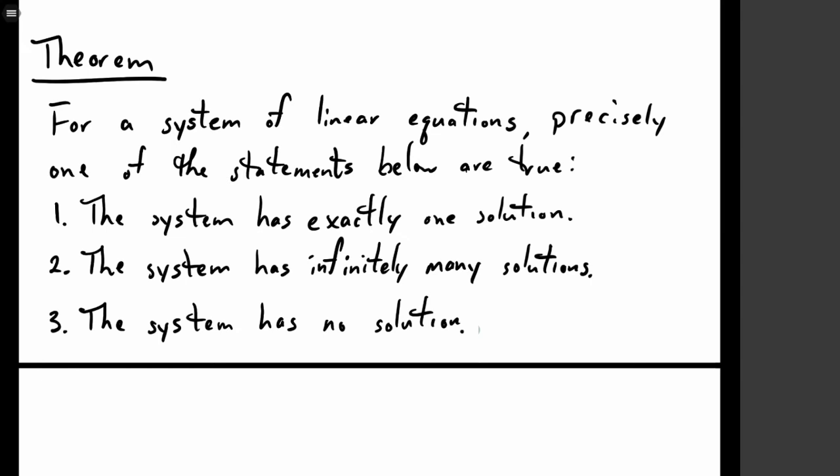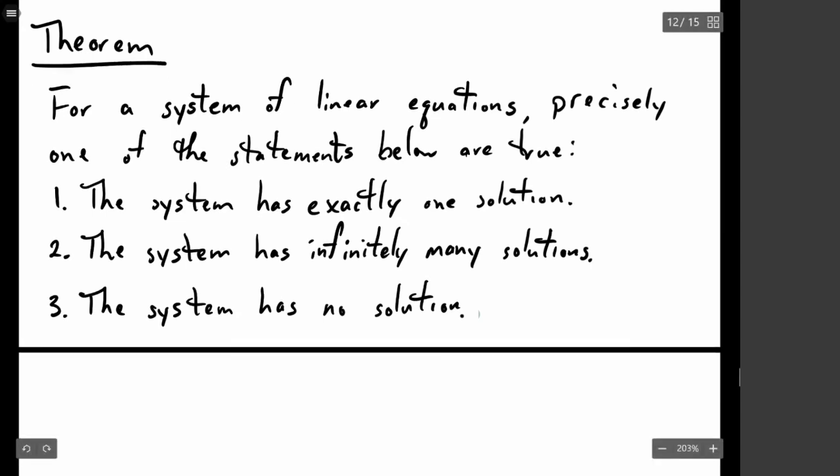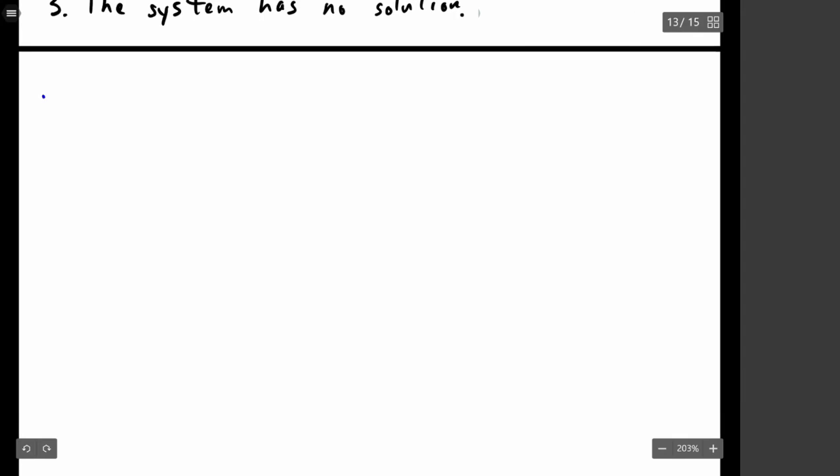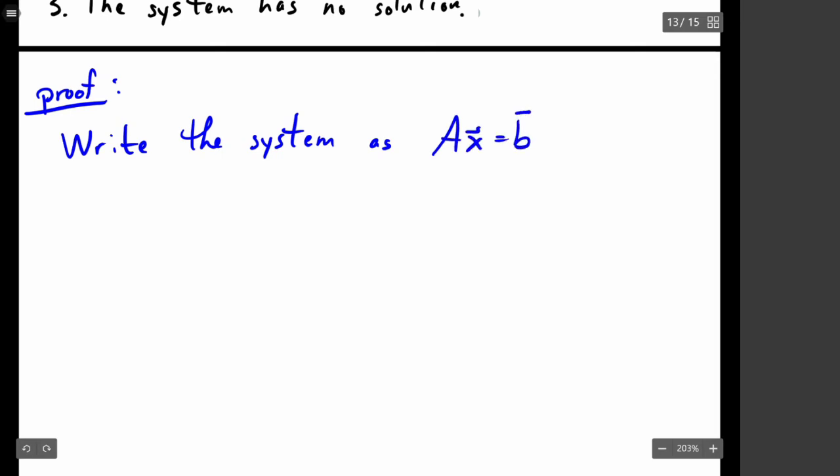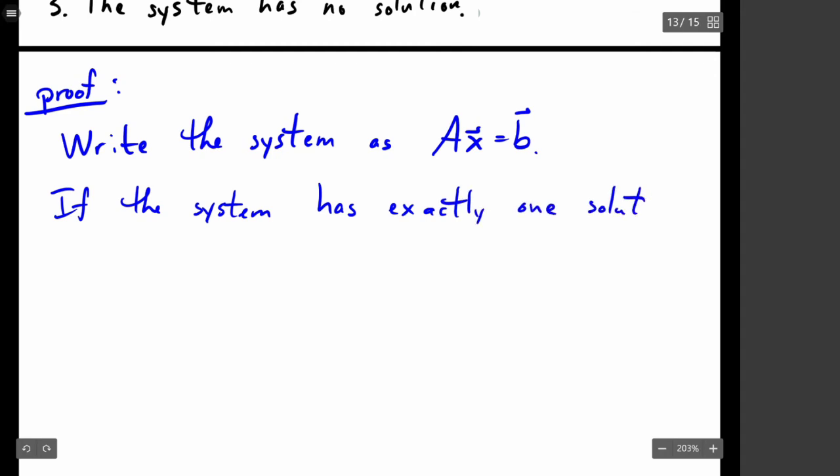So, how do we prove this to be true? This actually isn't that bad of a proof. We're going to write the system as AX equals B. Then, if the system has exactly one solution, or no solution, we're done.